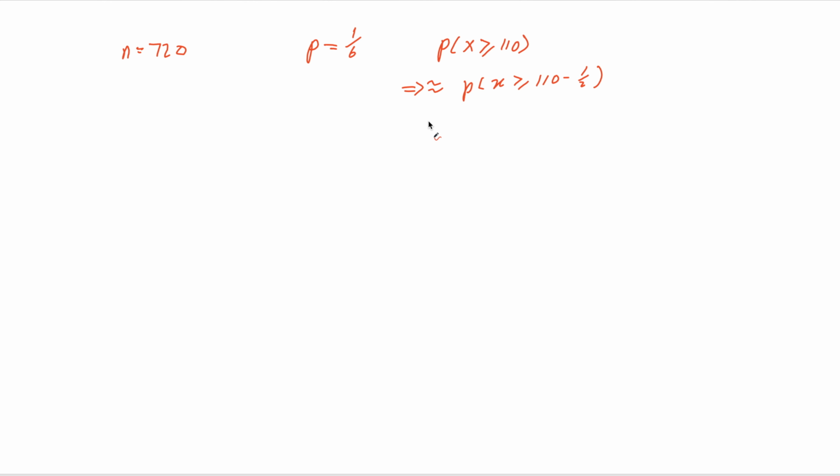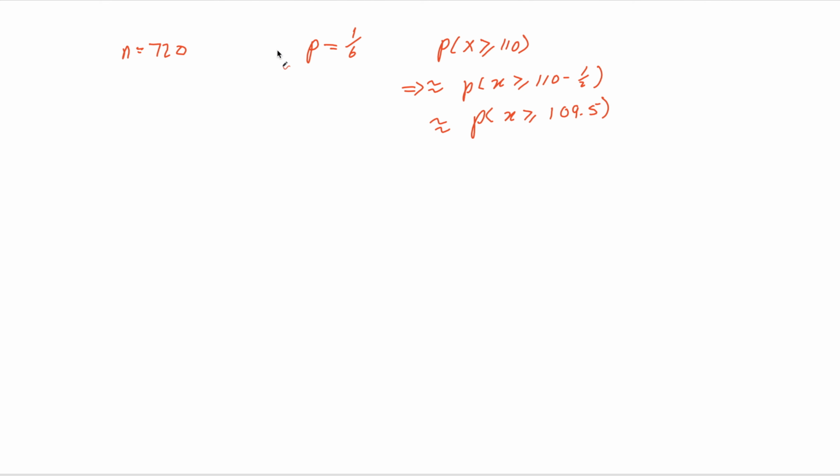So now what you need to do is get the answer for that. So that's P of X greater than or equal to 109.5. So that's your final answer there.